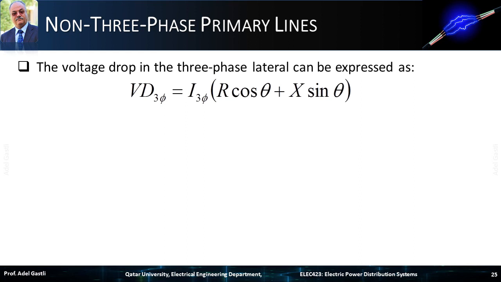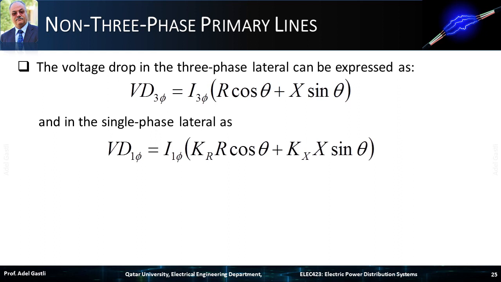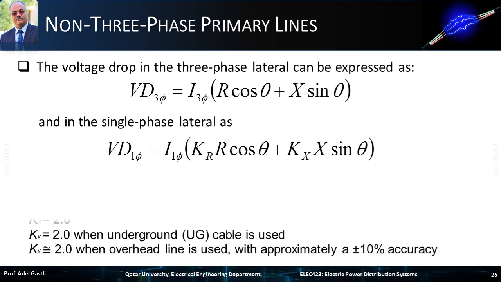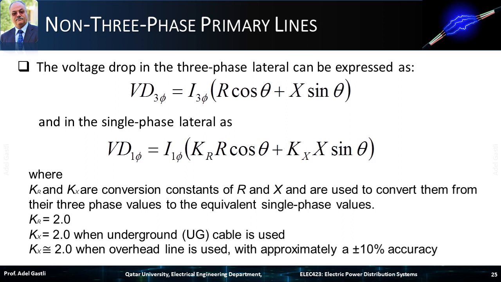The voltage drop in the three-phase lateral can be expressed as given by this equation. And the voltage drop in single-phase lateral is given by this equation, where Kr and Kx are conversion constants of R and X and are used to convert them from their three-phase values to the equivalent single-phase values.